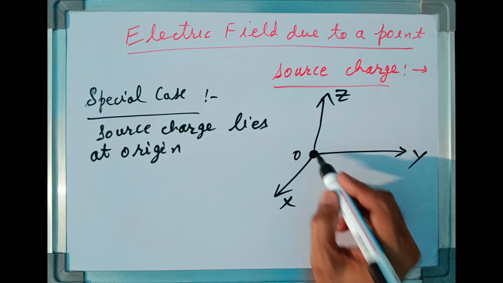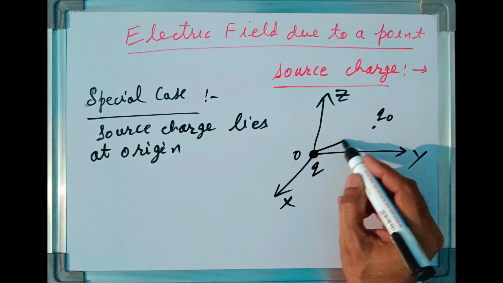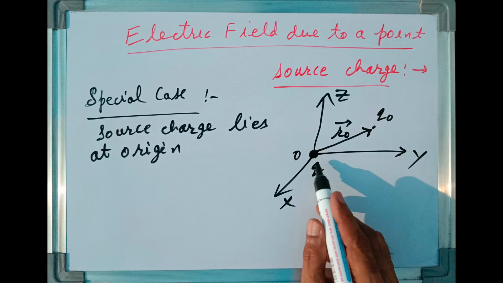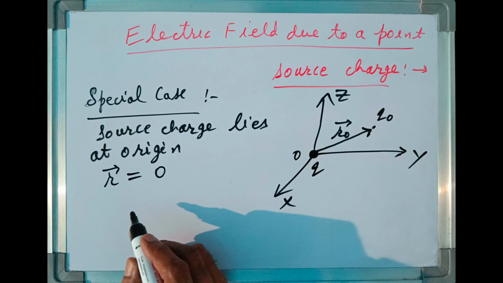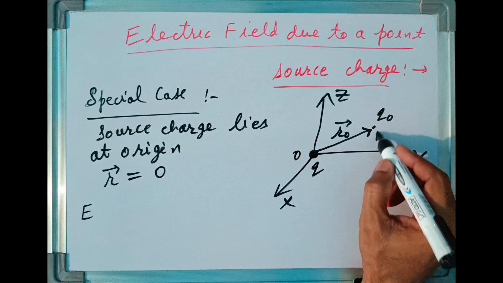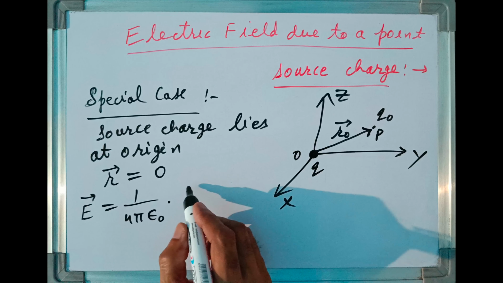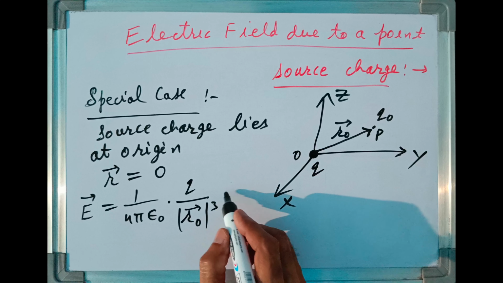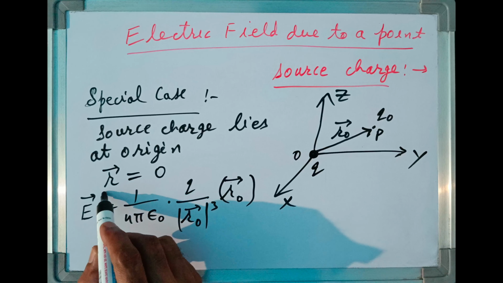If our source charge lies at origin, that is q is here, and test charge at the same position vector r naught vector, because source charge is coinciding with the origin, so its position vector will become 0. So we can write in this case r vector is equal to 0. Using this value in previous result, I can write electric field at this point of observation P is equal to 1 upon 4 pi epsilon naught q upon r naught magnitude cube multiplied with r naught vector. I have obtained this by putting r vector is equal to 0. This is the special case.